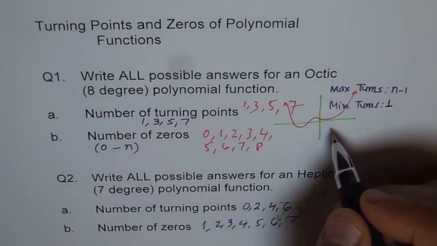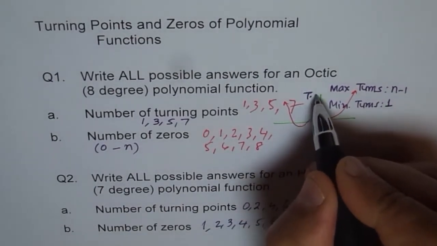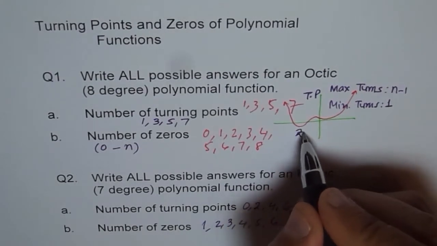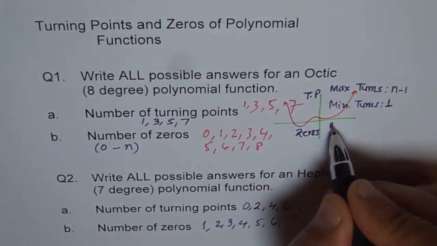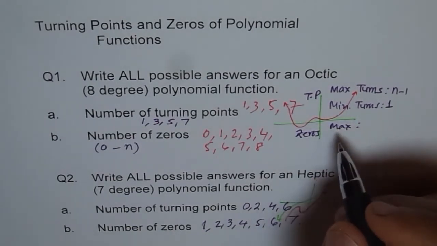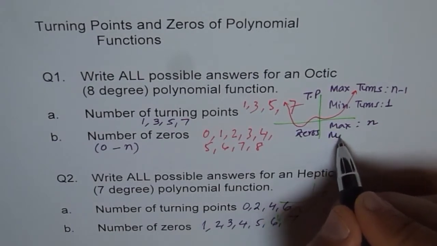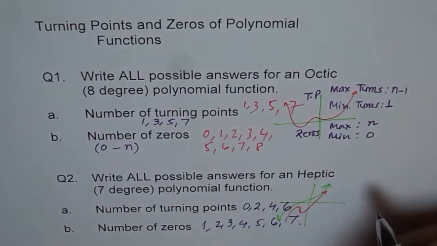This is about turns, the turning points. And as far as zeros are concerned, the maximum number of zeros is equal to the degree, and the minimum is 0, correct?